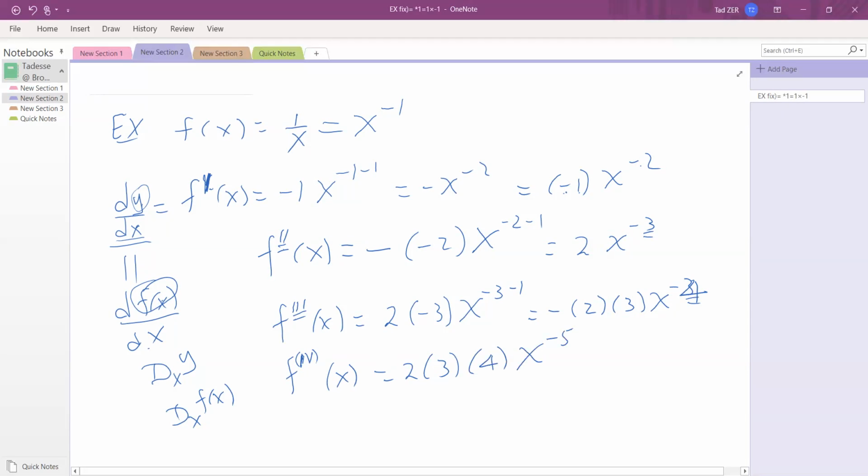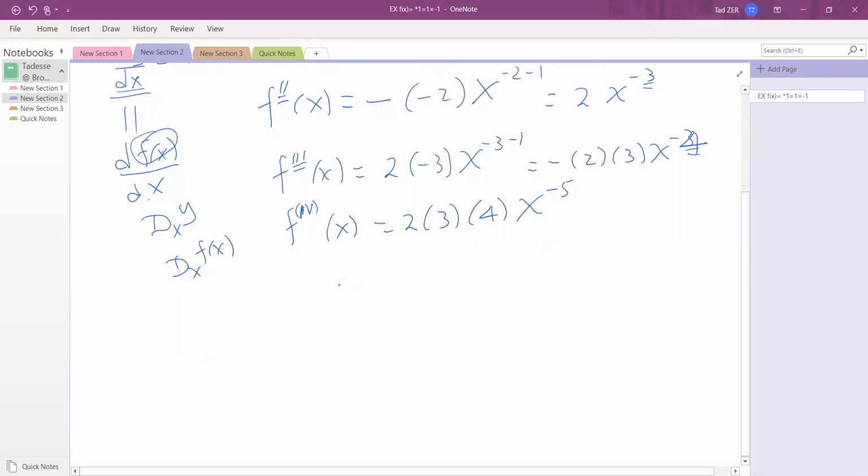Definitely now, I'm sure you are able to see that the nth derivative becomes x to the power of, if it is 4, it's -5. If it is n, it will be minus of n plus 1. I hope this is clear, right? Because if it is 4, it is 5. If it is 3, it is 4. If it is 2, it's 3.